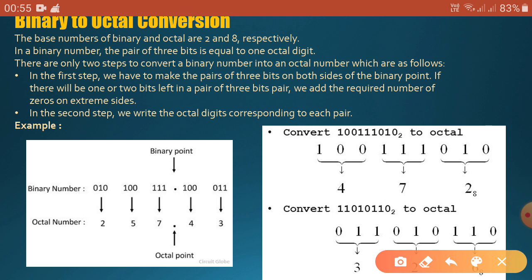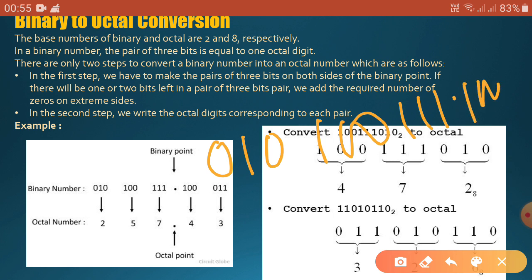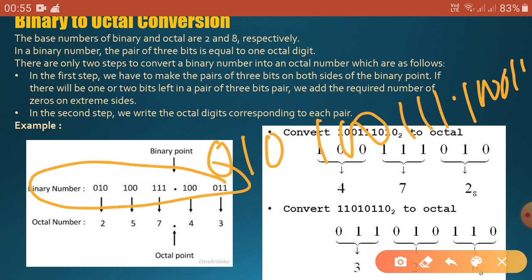Same thing. Suppose the number is 0 1 0 1 0 1 1 1.1 0 0 0 1 1. Okay, here it is the question. So we have to make the group of 3 digits or bits.